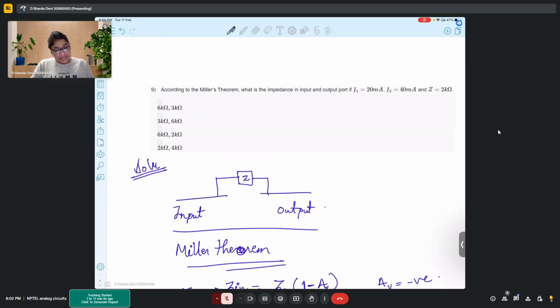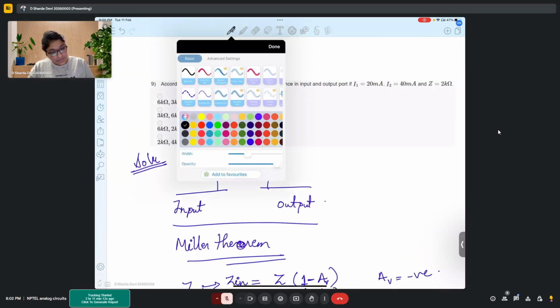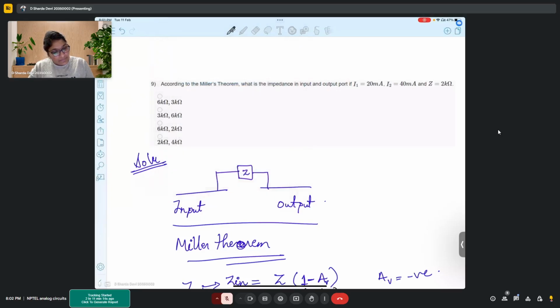So here, according to Miller's theorem, what is the impedance at the input and output port if I1 is 20 milliamperes and I2 is 40 milliamperes, with Z being 2 kilo ohms? This is I1, this is I2.